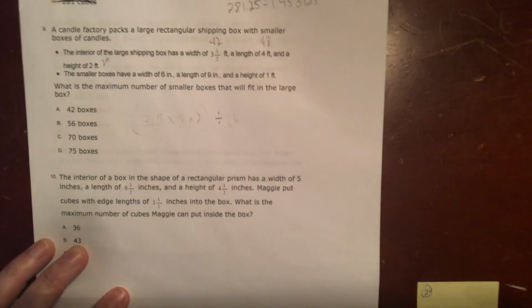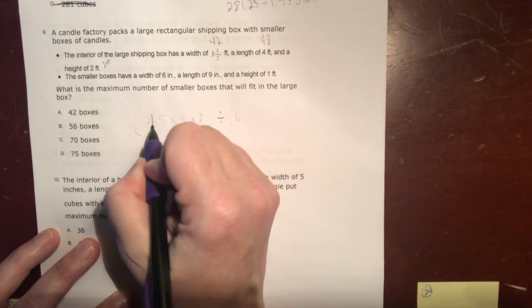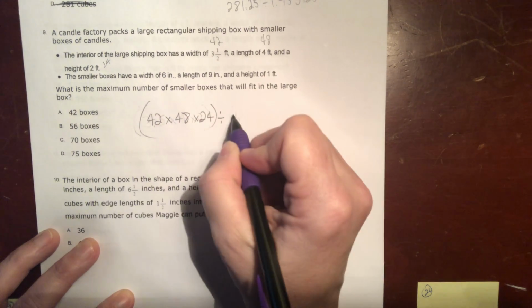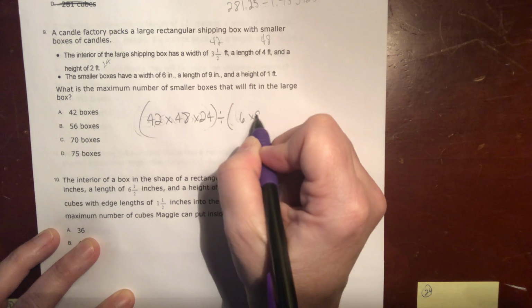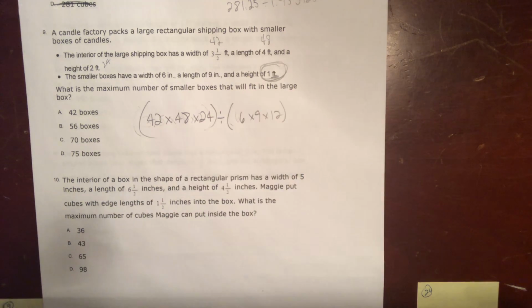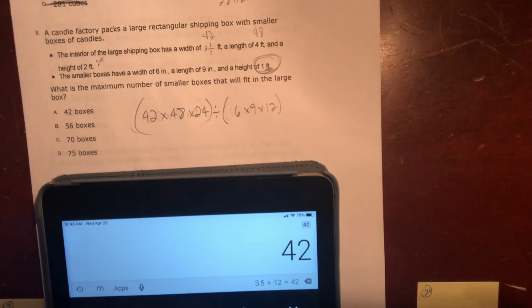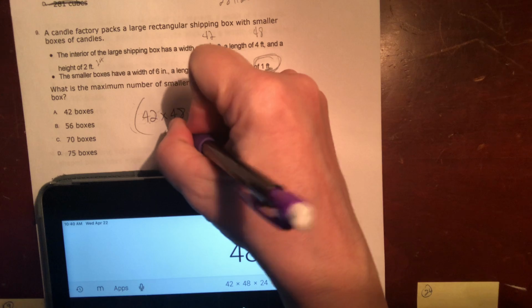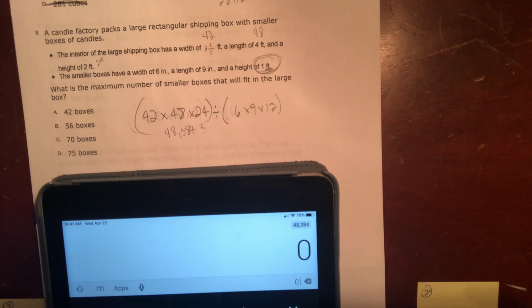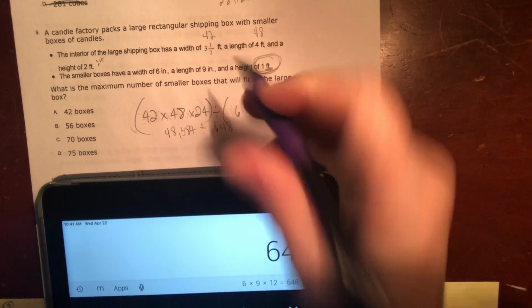All right, so now we should be able to do this. So we're going to do 42 times 48 times 24 divided by 6 times 9 times 12, because you'll notice that's a foot. All right, so let's see what we got here. 42 times 48 times 24 is 48,384 divided by 6 times 9 times 12, 648.